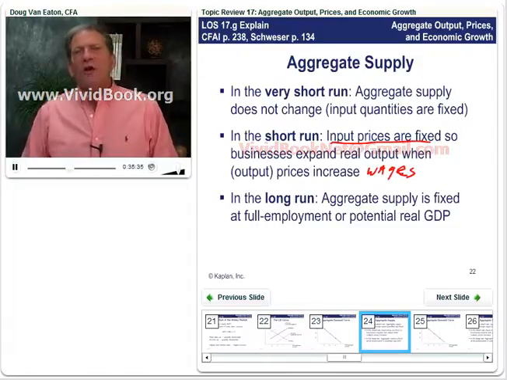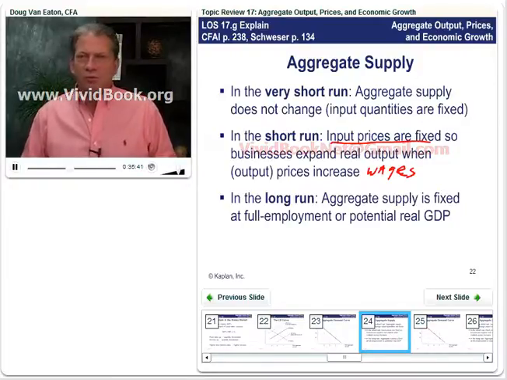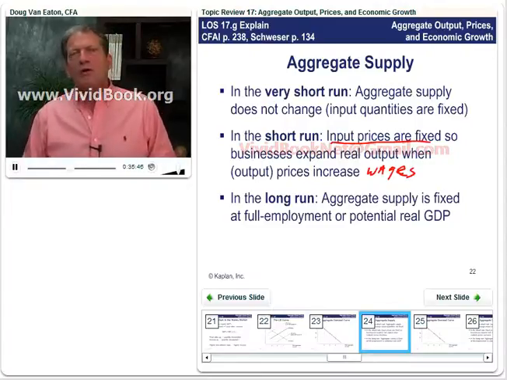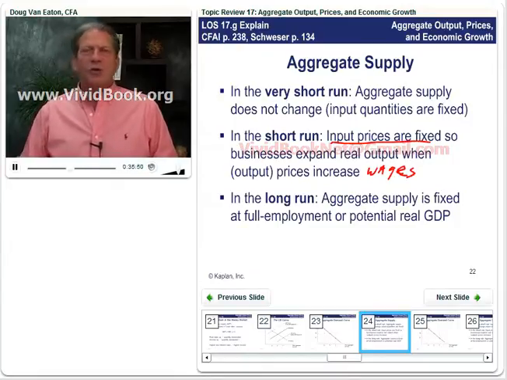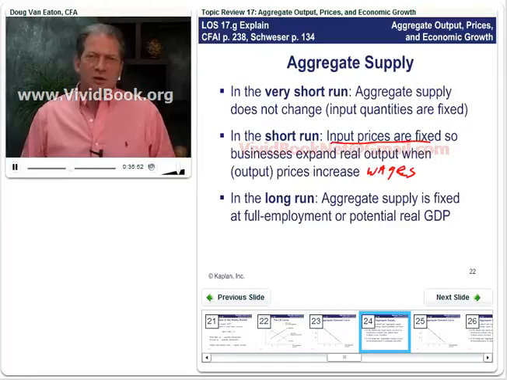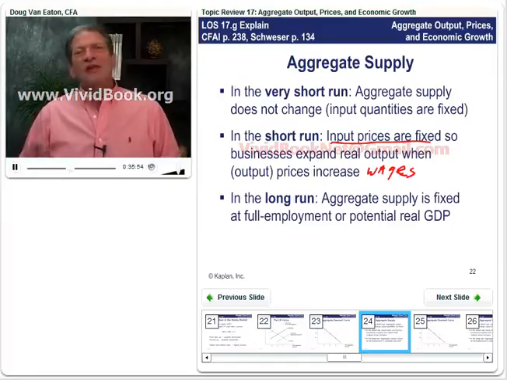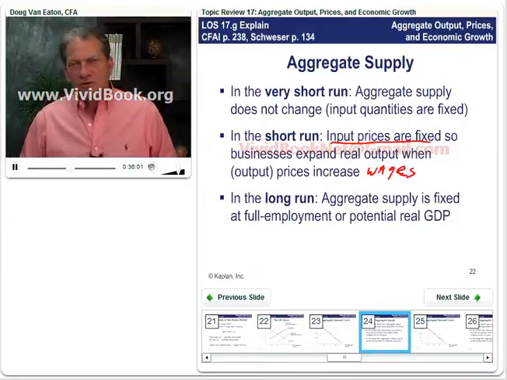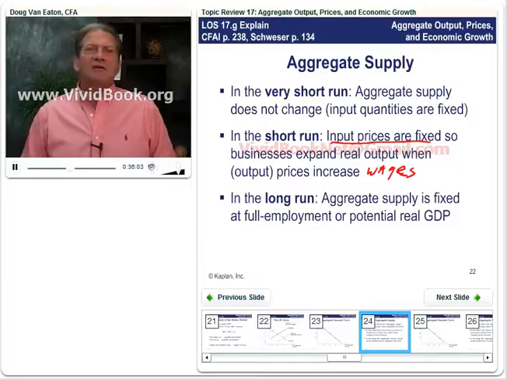We'll see that when the economy is producing at a high level, an expansionary economy greater than full employment, this is going to put upward pressure on input prices. And when we're in recession, unemployment rises, and we're at less than full employment GDP, then there's downward pressure on wages, as you could think of workers competing for jobs in a recession and companies competing for workers in an expansion.